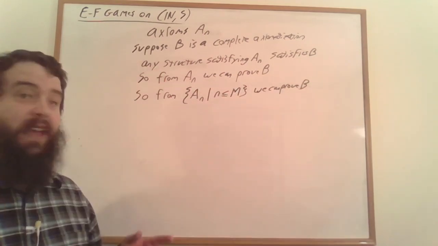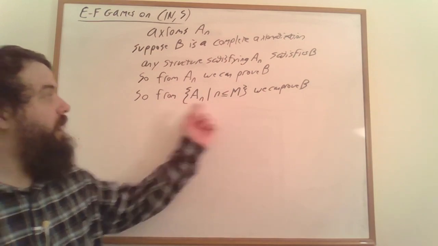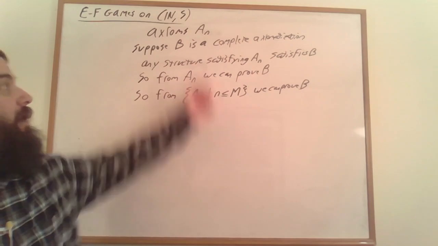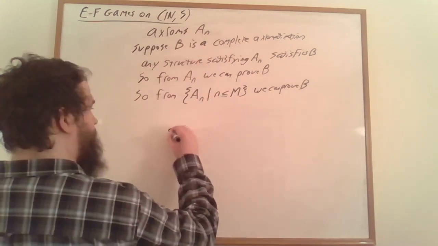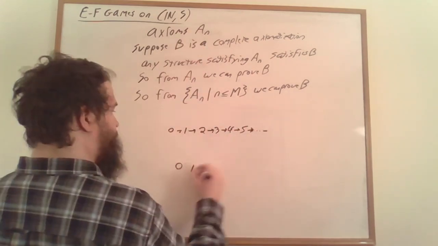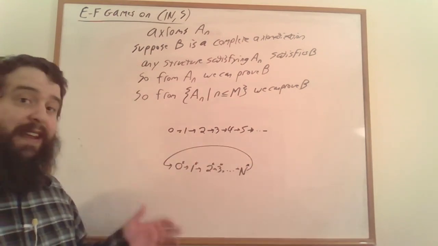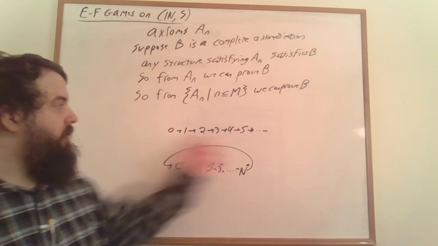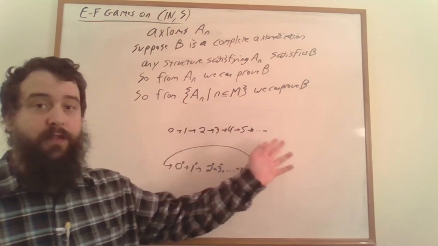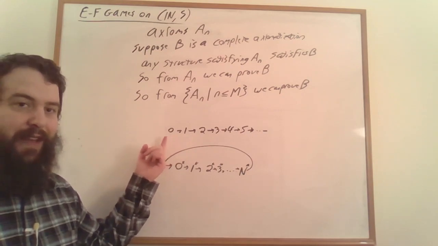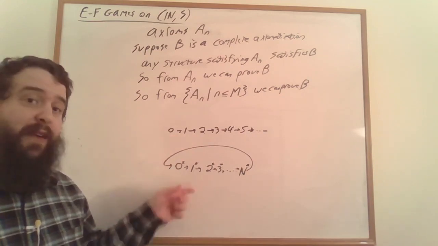But here's the thing. Let's take a look at a structure that satisfies all of these formulas, but doesn't satisfy all of the ANs. So again, here we have a structure that consists of a copy of omega with its notion of successor. This is just to make sure that we can have an element that doesn't have a predecessor. And then a very large loop.